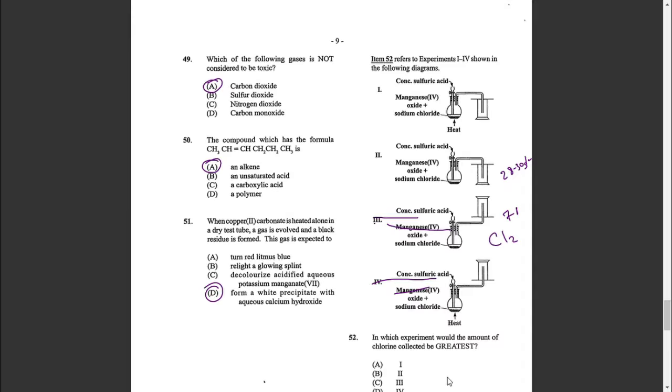Well, adding heat to the reaction would allow the molecules to move faster, collide more, and so you get more products. Okay, so the answer is I, and that is A.